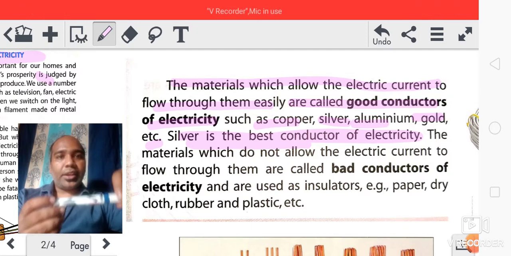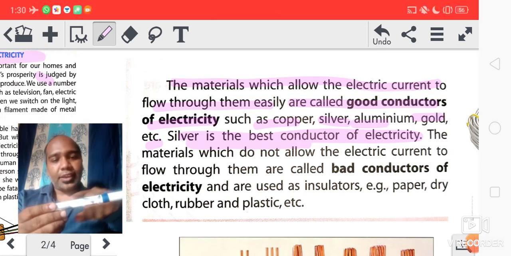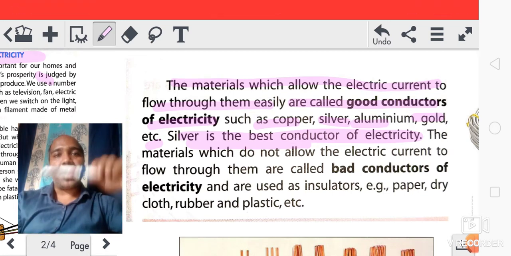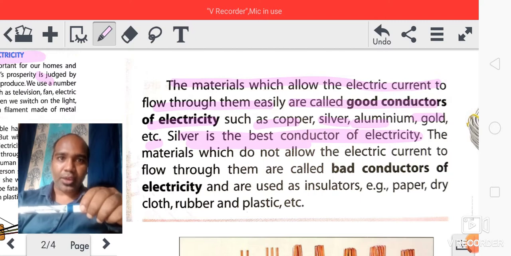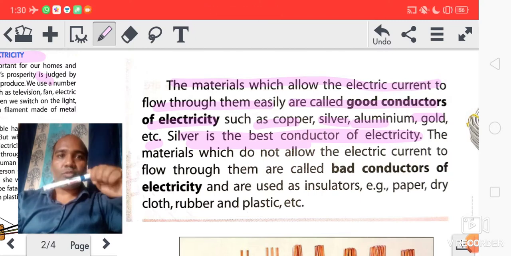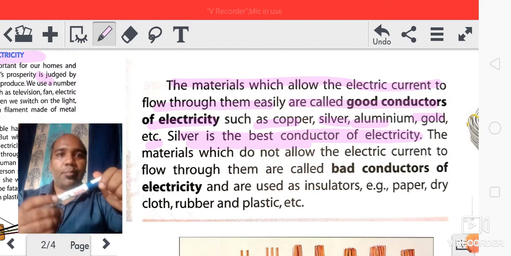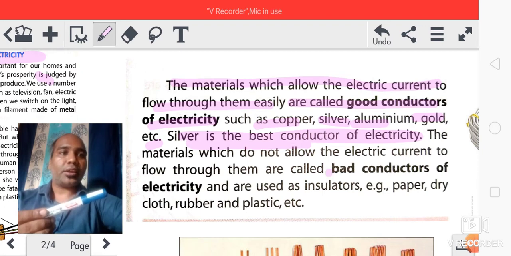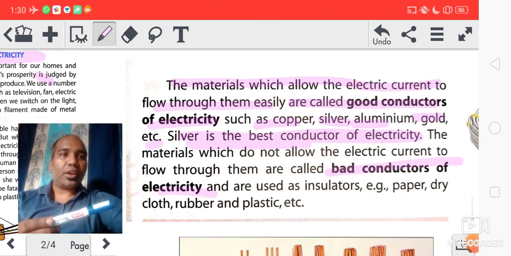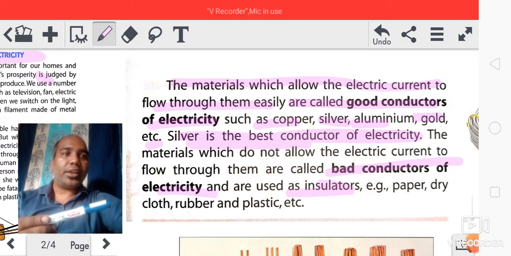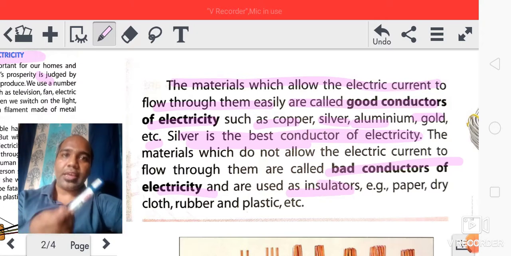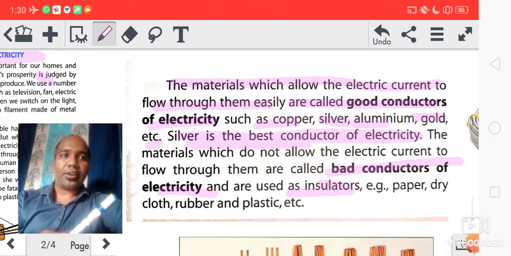So the material through which electricity cannot pass is called a bad conductor of electricity. So this marker is a bad conductor of electricity. You can also say insulator. So this can be called an insulator or bad conductor of electricity.